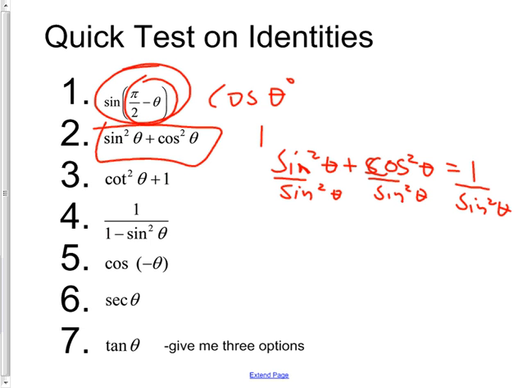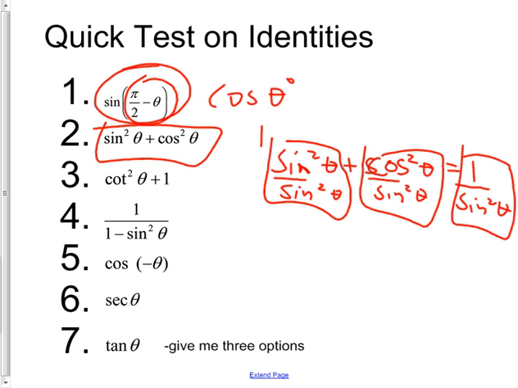This one is the cotangent part, and that's 1. So here's 1 plus cotangent squared. It's equal to that part there, which is, what's 1 over sine squared? Cosecant squared. Raise your hand if you had that one right. Ooh, most of you. Good.